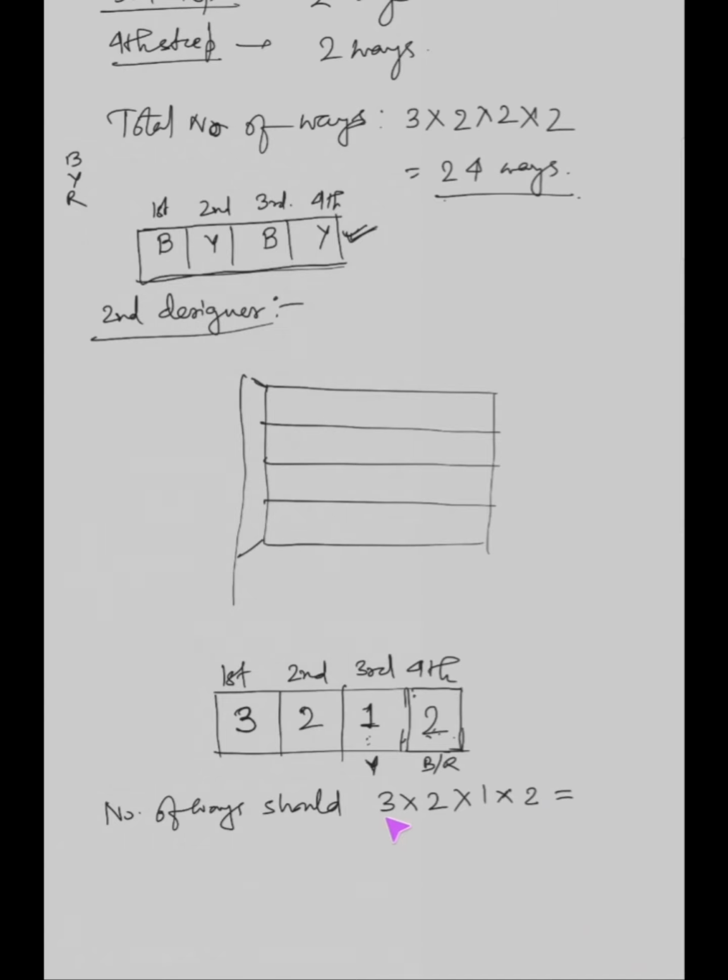So how many ways are there? 12 ways. So 12 ways are there to apply four bands in such a way that two same colors don't come in adjacent bands. This is the method for the second designer.